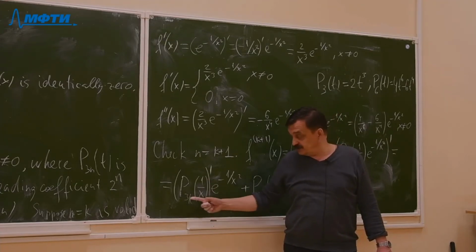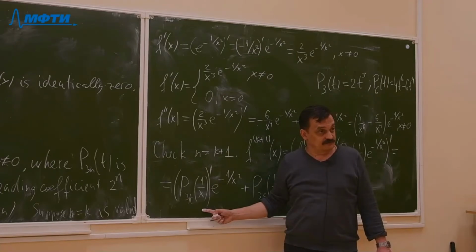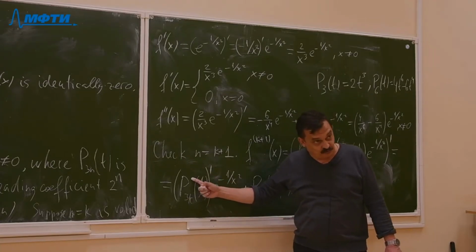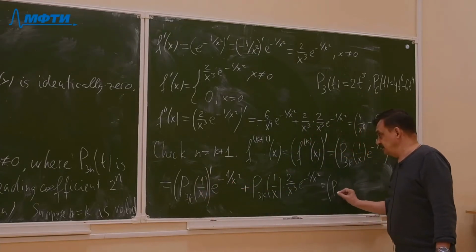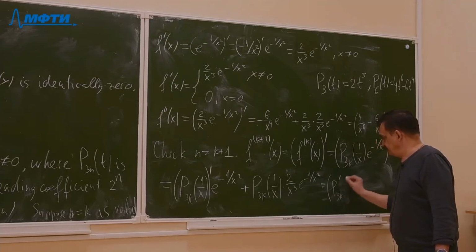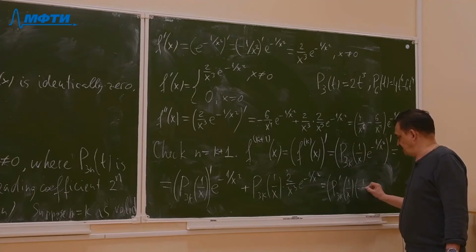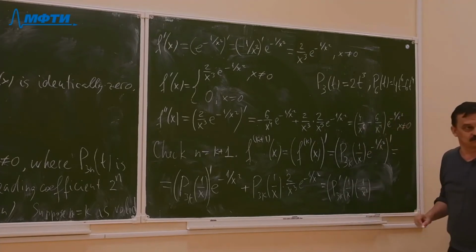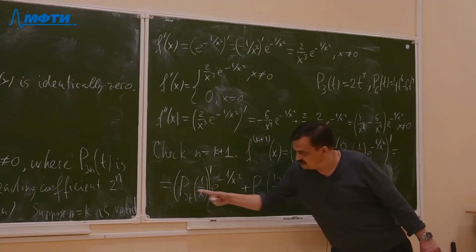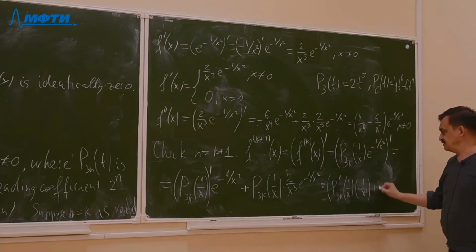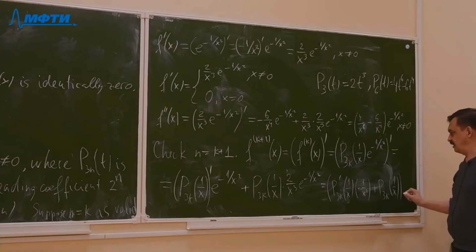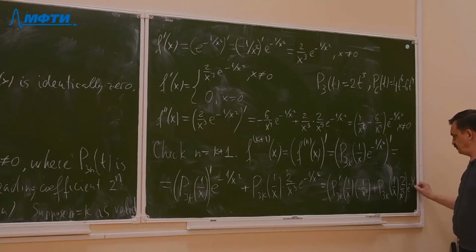We differentiate it by the chain rule, so we obtain P3k prime at 1 over x times minus 1 over x squared, by the chain rule, plus P3k of 1 over x times 2 over x cubed, times e to the power minus 1 over x squared.